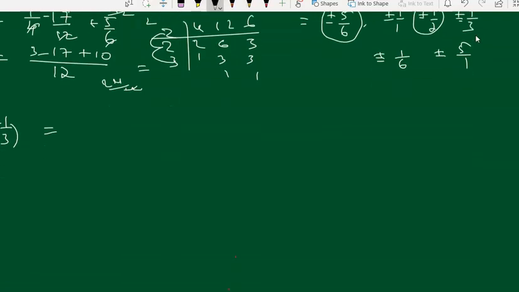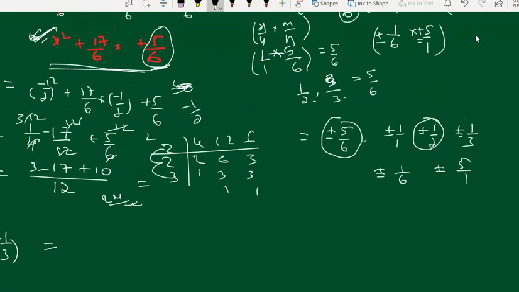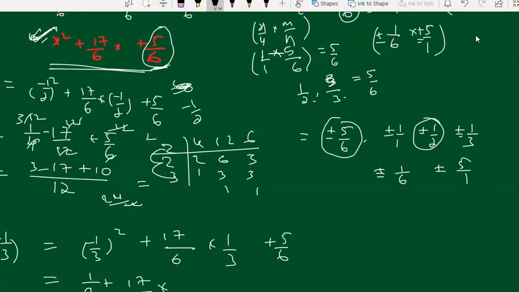So that polynomial I'll take here: minus 1 by 3 square plus 17 by 6 into 1 by 3 plus 5 by 6. So minus 1 by 3 square is nothing but 1 by 9 plus 17 by 6 into 1 by 3. Here you don't get 0. Everything will add up and you will get a very big value.